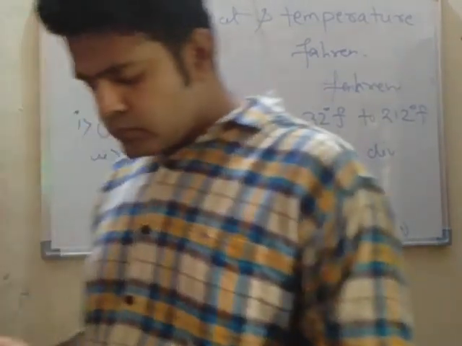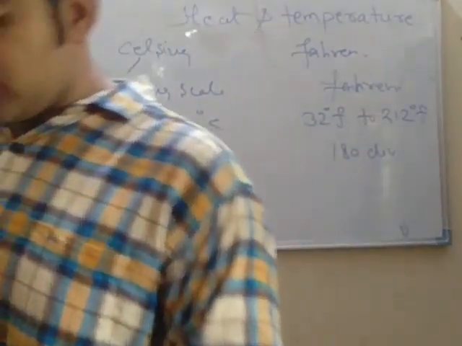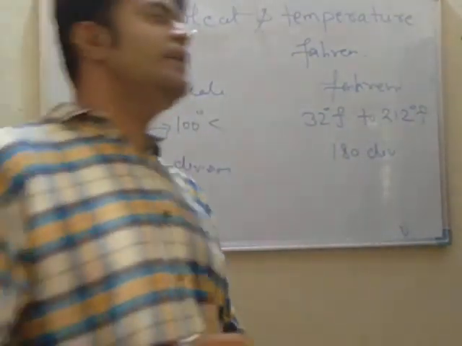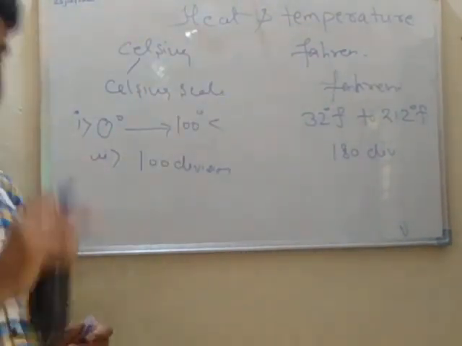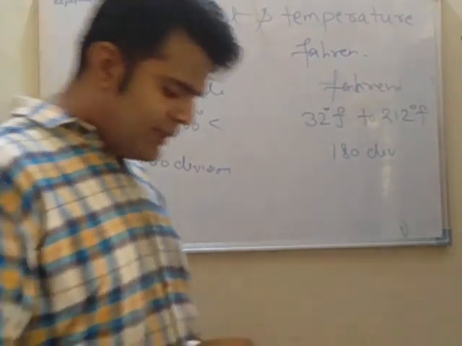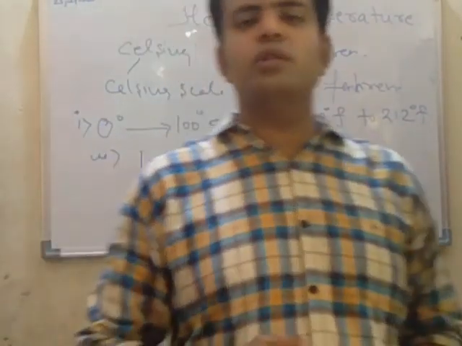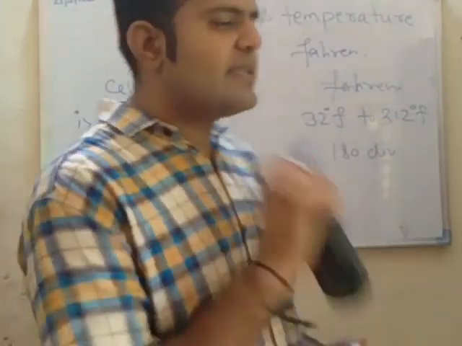Now, you may ask a question, sir, is there any relation between the Celsius scale and the Fahrenheit scale? As both measure the temperature of a body, there can be some relation in both. So yes, there is a relation.